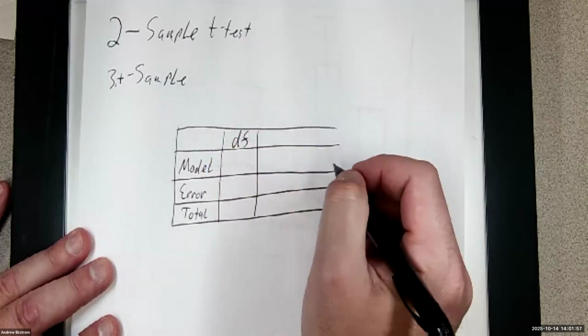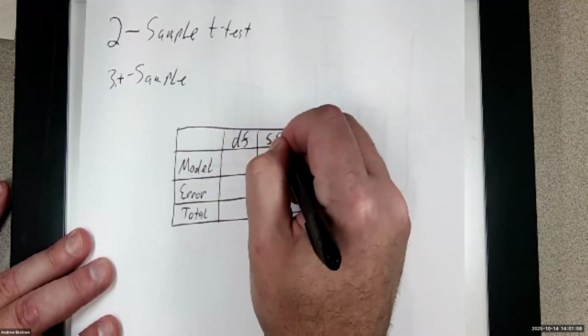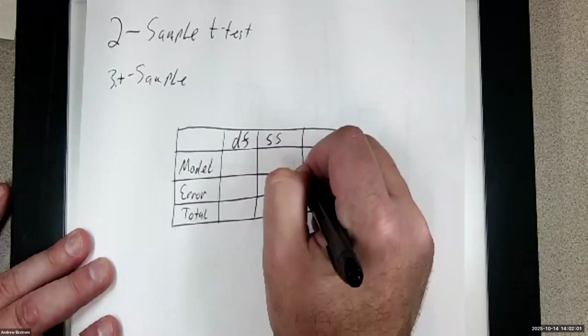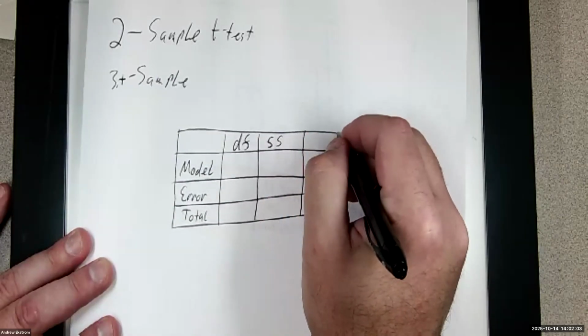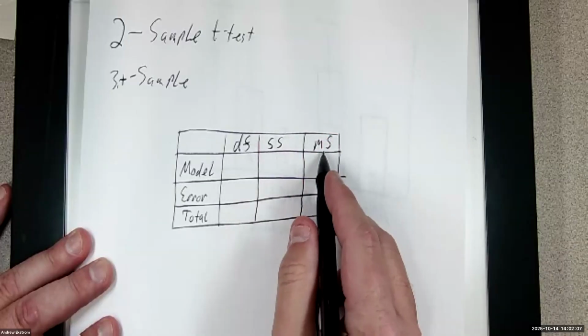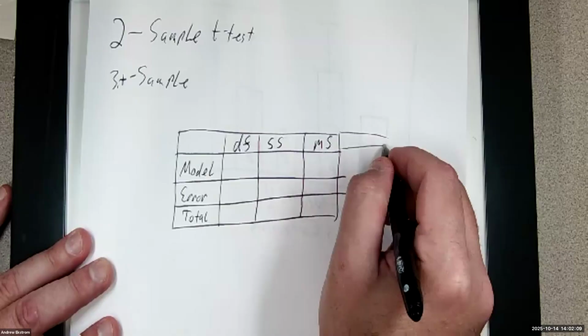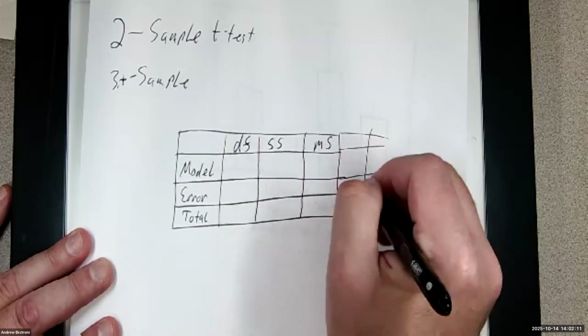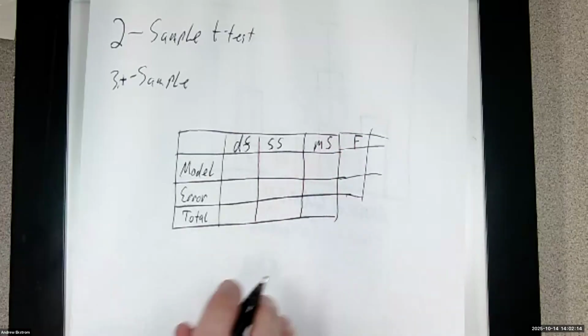We'll be looking at degrees of freedom, what's called sum of squares, what's called mean sum of squares, which is this MS, and then we're also going to be looking at an F value.